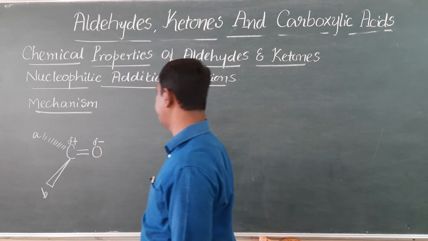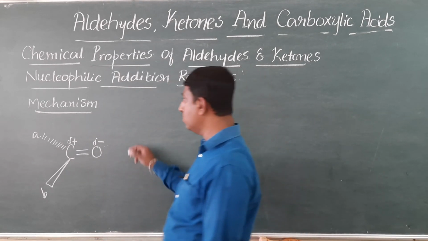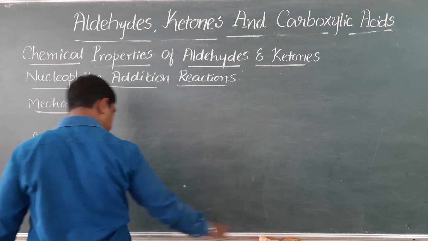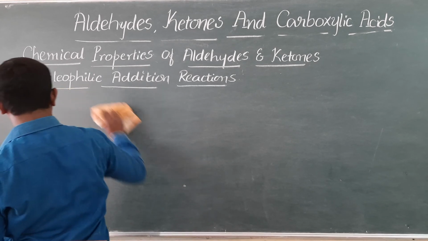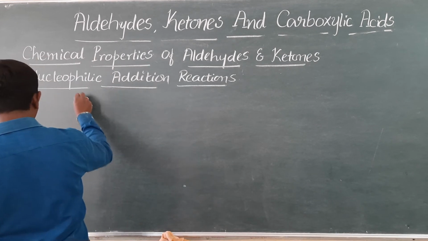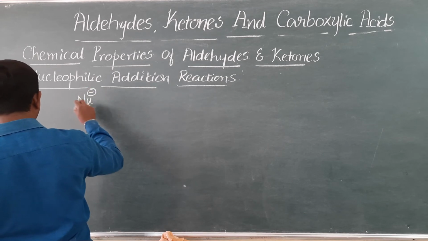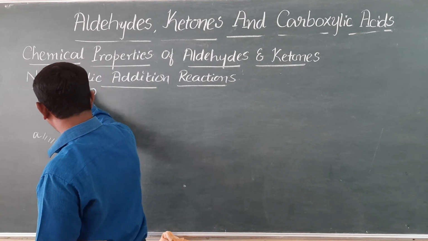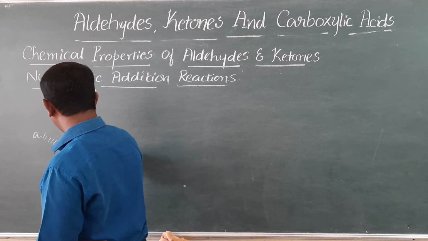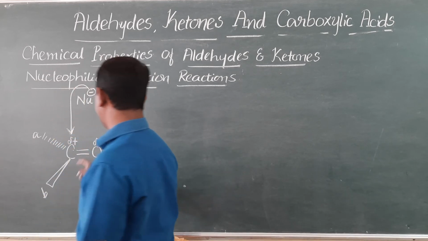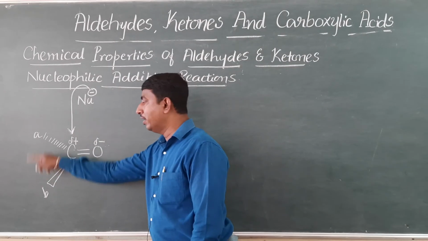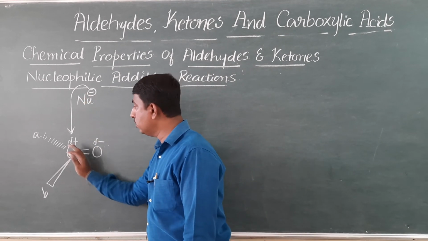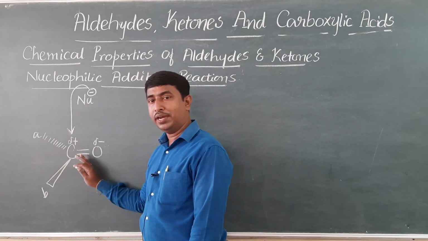To this molecule the nucleophile attacks. Generally we write the nucleophile as Nu minus. This nucleophile attacks the carbon from the direction perpendicular to the plane of the remaining hybrid orbitals.